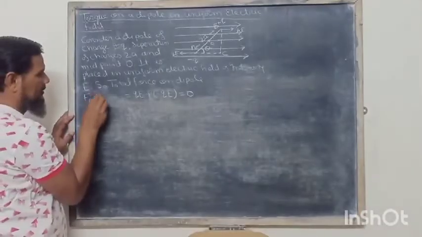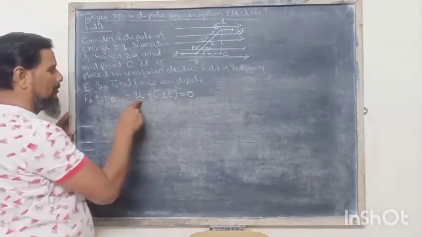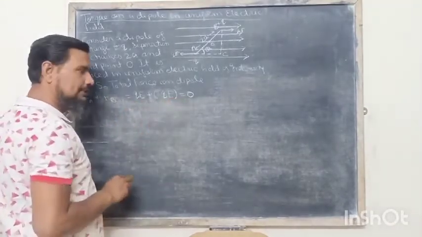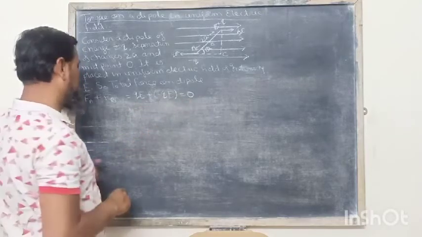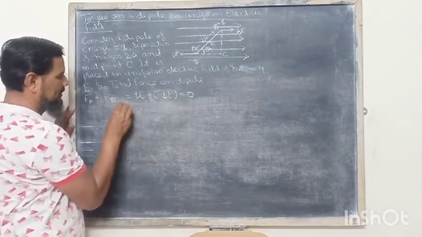FA plus FB, both forces are equal in magnitude and opposite in direction, so the total force on the dipole will be 0.